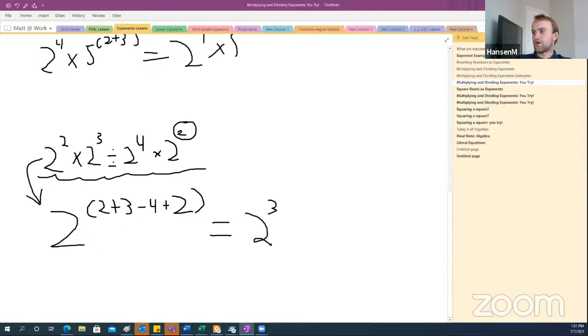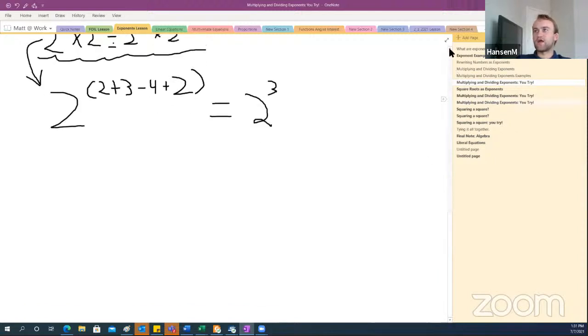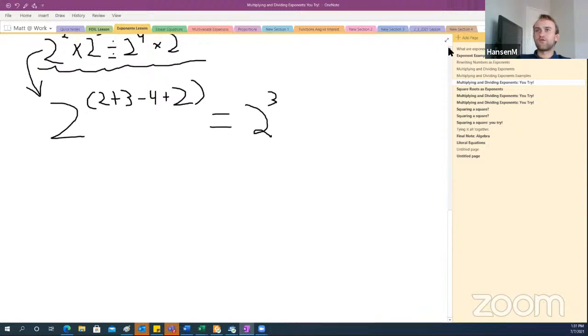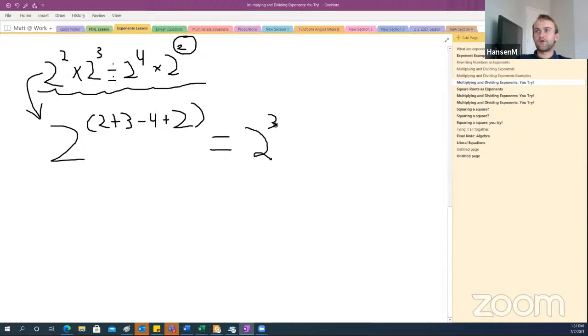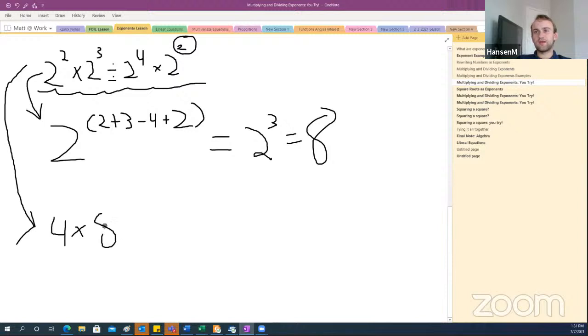So one note I want to make real quick about how exponents can make your life easier is whenever we solved this expression by simplifying, we just ended up adding and subtracting the exponents. We got 2 to the 3rd, which just leaves us with 8. If we were to work these out individually, what we would have done is we would have said 2 squared is 4, times 2 times 2 times 2 is 8, divided by 2 times itself 4 times is 16, times 2 squared, which is 4.